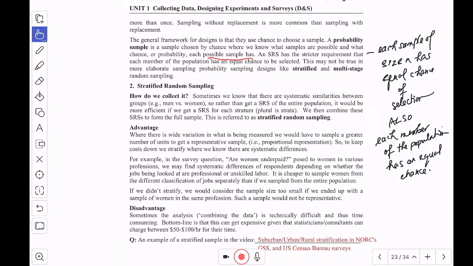All right. So, as explained regarding block design for experiments, stratified design is similar for samples.